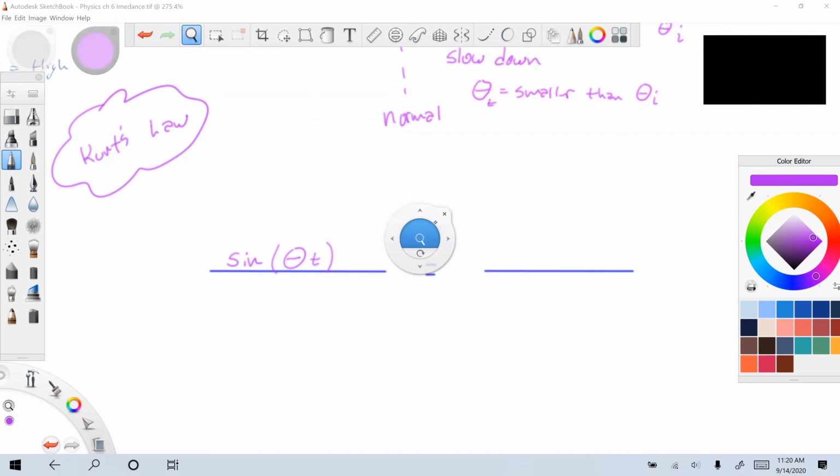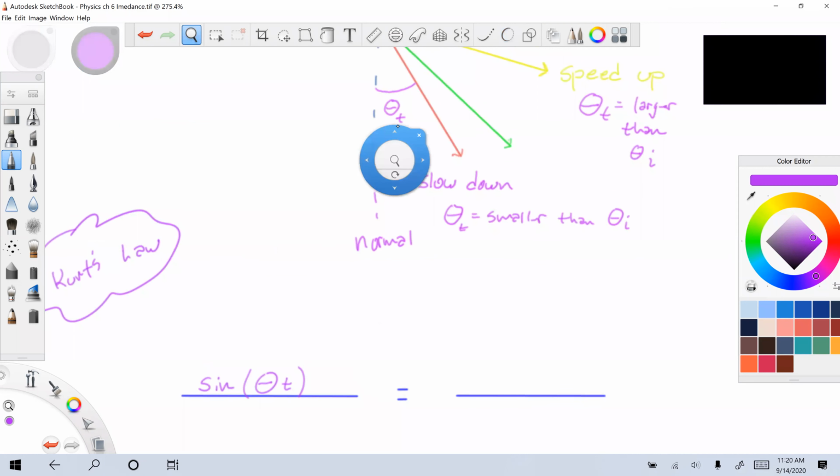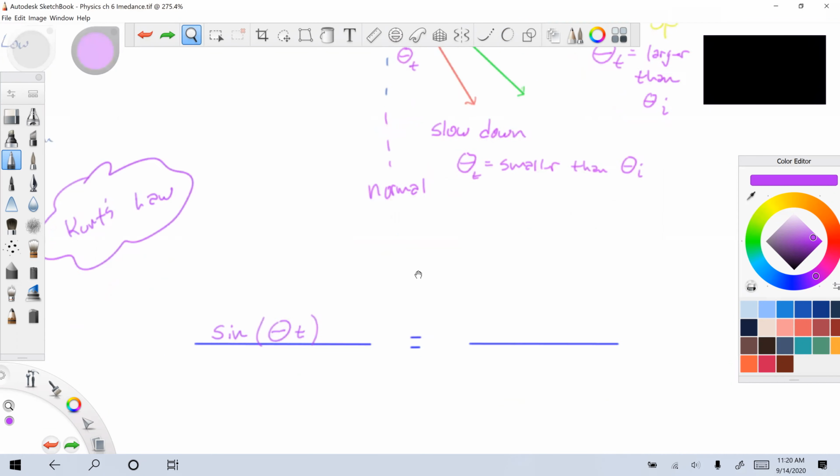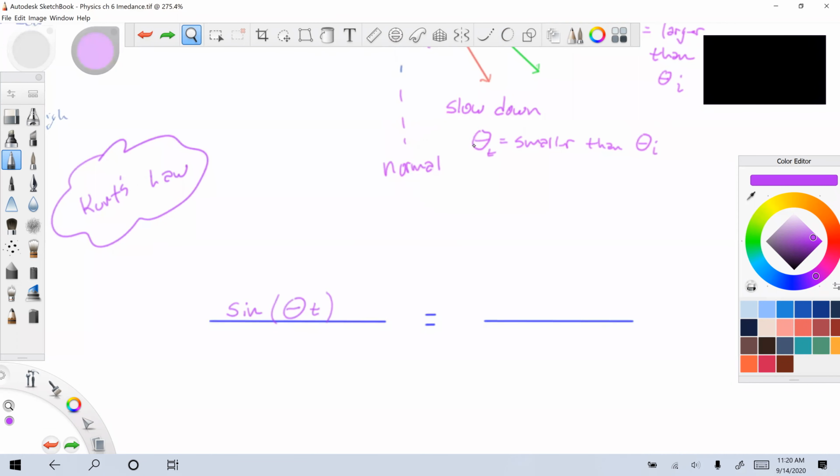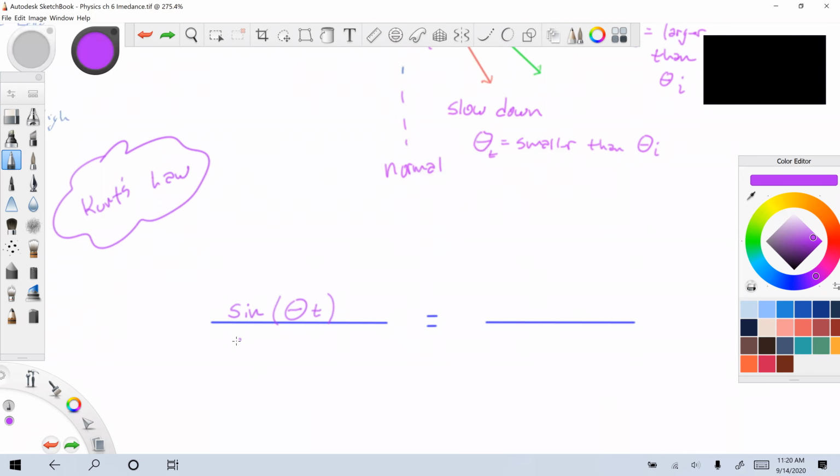Sine of theta t divided by the sine of theta I for incident angle is equal, the ratio is equal anyway, to the speed of sound.